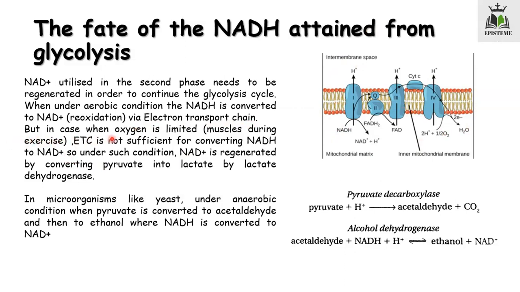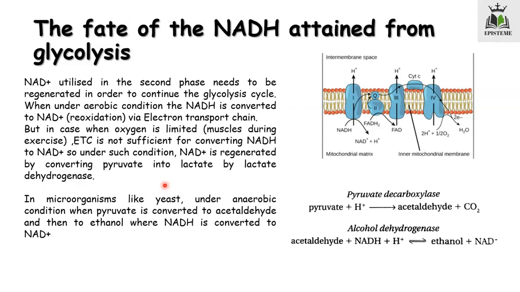Whenever we have limited oxygen in our body, like when we are exercising, our muscles have very limited oxygen. At that time the electron transport chain is not sufficient to convert NADH to NAD plus. In that condition, NAD plus is regenerated by the conversion of pyruvate into lactate by the enzyme lactate dehydrogenase.